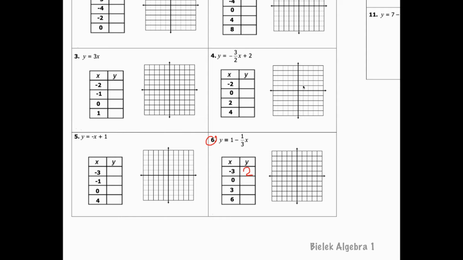If I plug in 0, it's just going to be 1 because -1/3 times 0 is just 0. If I plug in 3, I've got 1 minus 1/3 times 3. So that's 1 minus 1, which is 0. And then if I plug in 6, I've got 1 minus 1/3 times 6, which is 1 minus 2, or -1. So then I could just go through and plot those points.